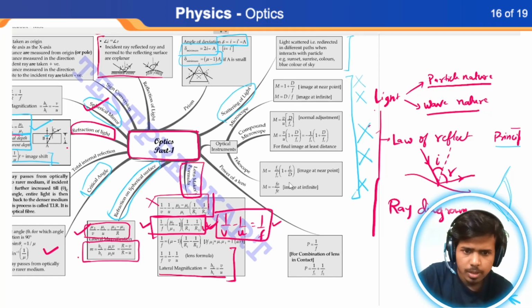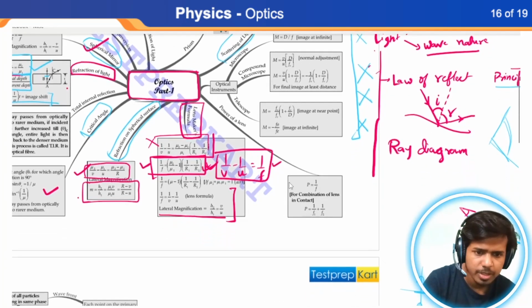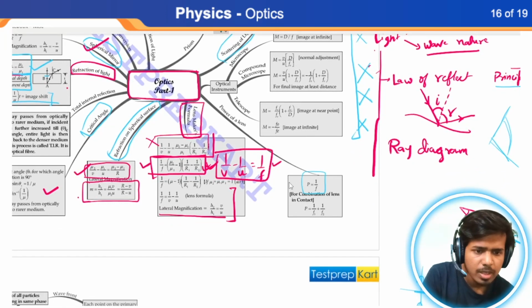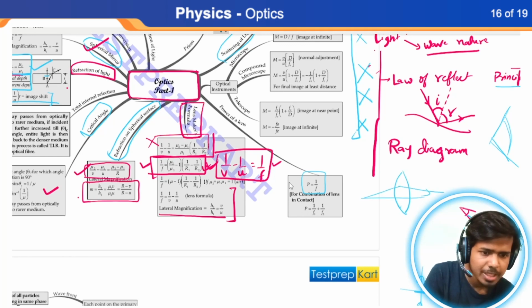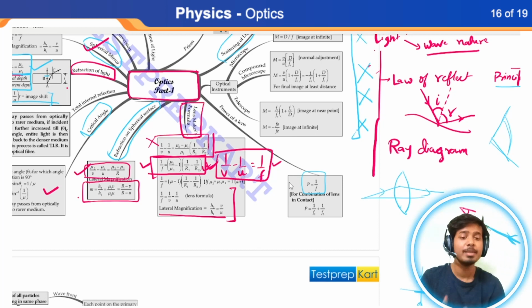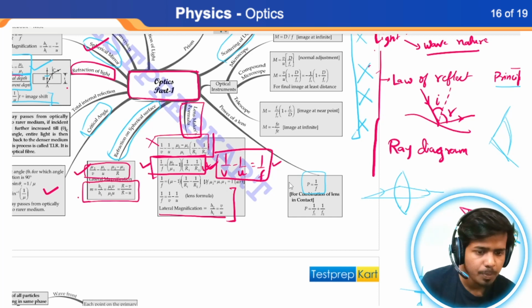And it's just that power I will define here. Power is simply 1 by f. Power means what is the power to bend the light, how much it can make the rays of light deviate from their path. That is called power.